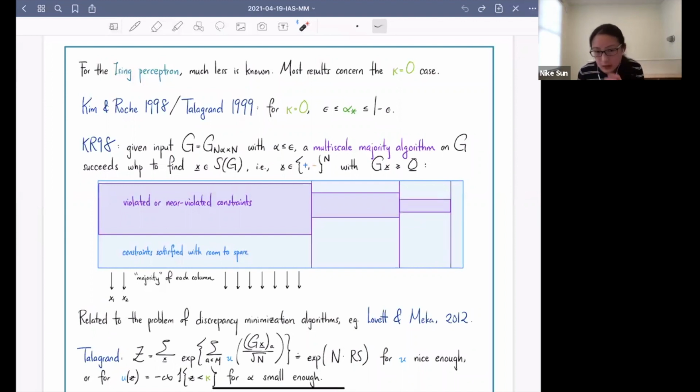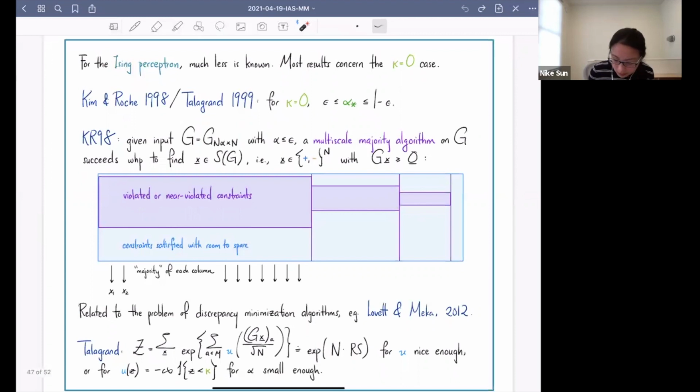And this will succeed with good probability. This is somewhat related to the problem in computer science about discrepancy minimization. I mention that as a reference, but those are usually in the worst-case setting, whereas this is in a randomized setting.